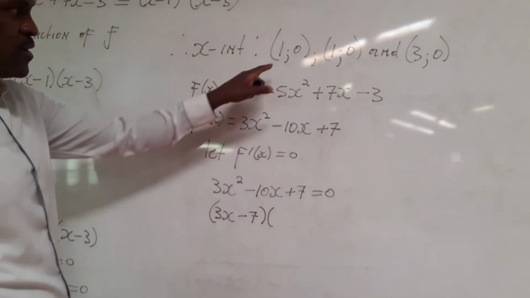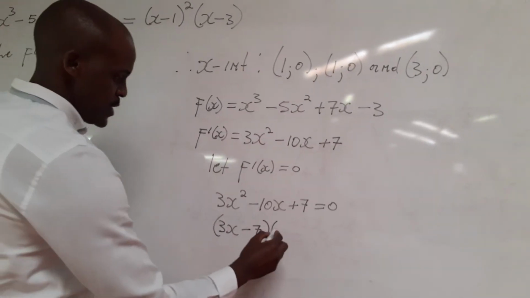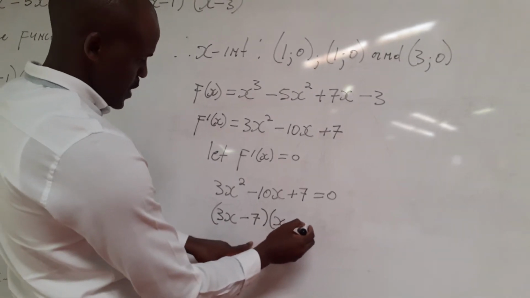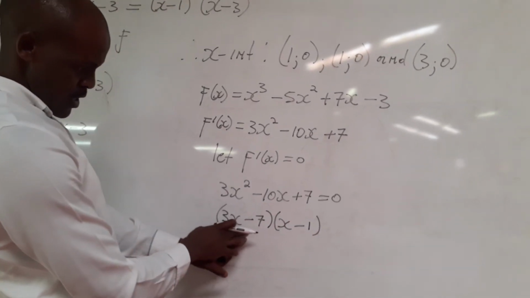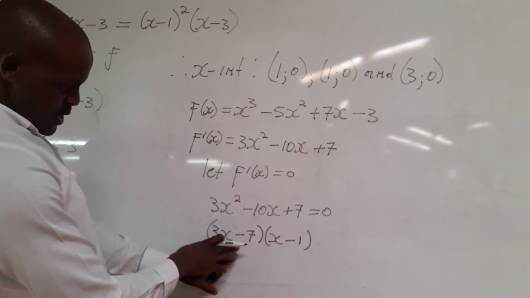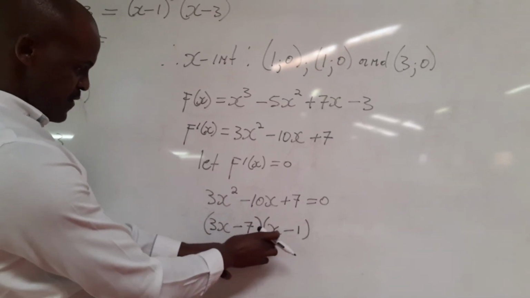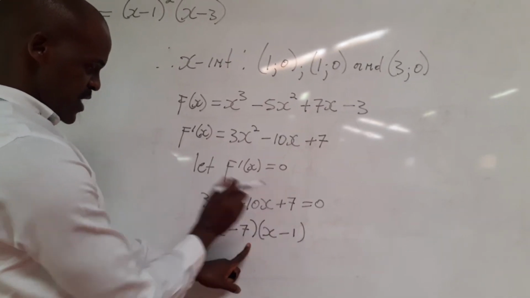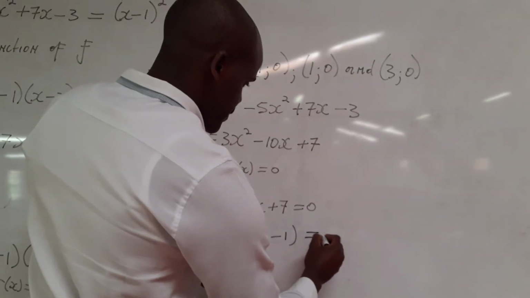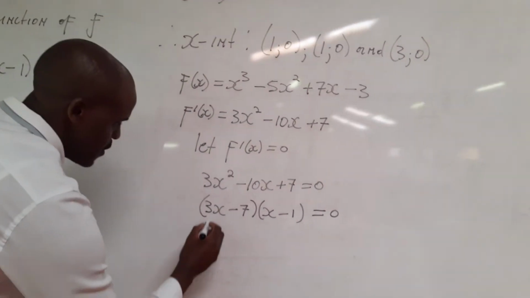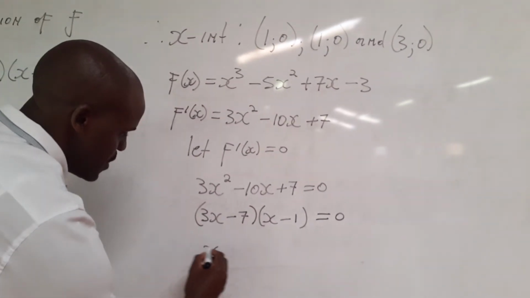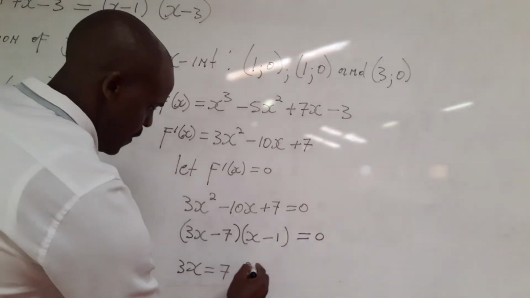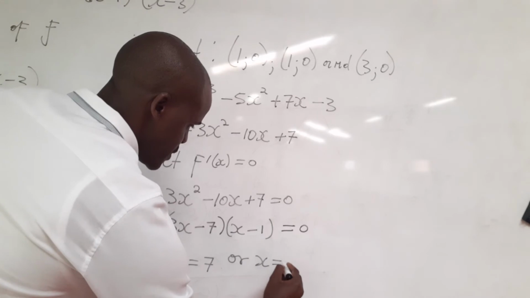And then we solve for x. 3x is equal to 7, or x is equal to 1.